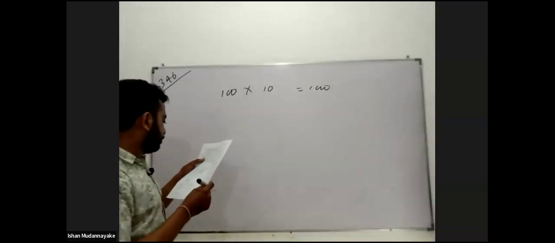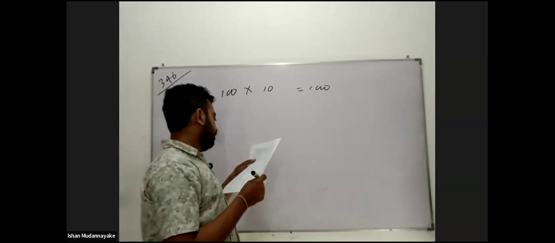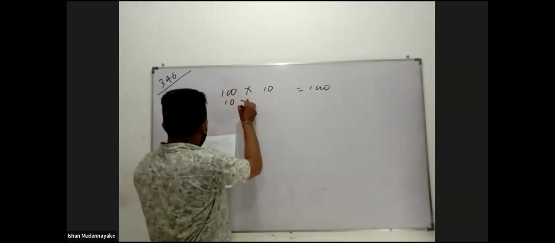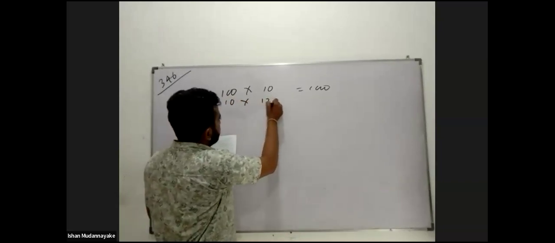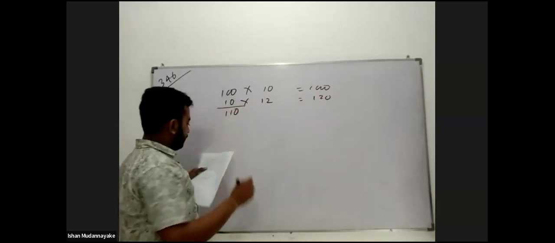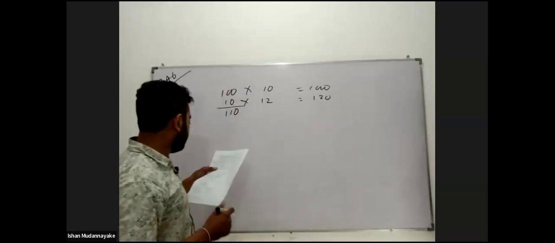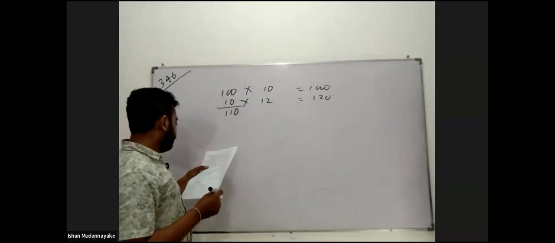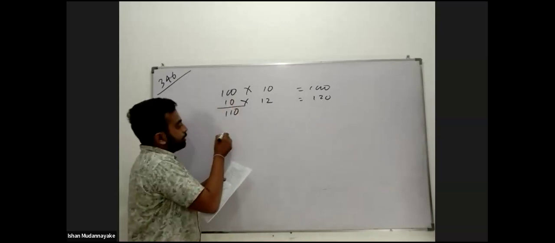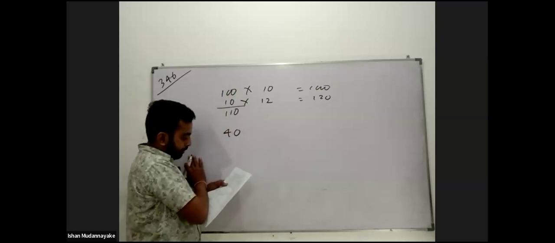Then we need to issue 110, so balance 10 we need to issue at 12 rupees, 120. 110 done. Then again they issued 80 units. Out of the 50 units, 10 units issued, balance 40.